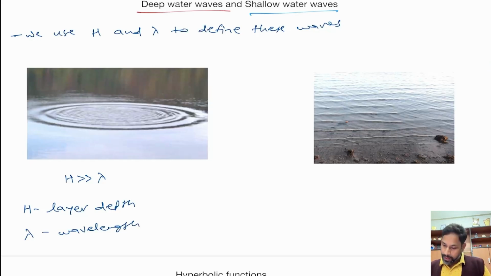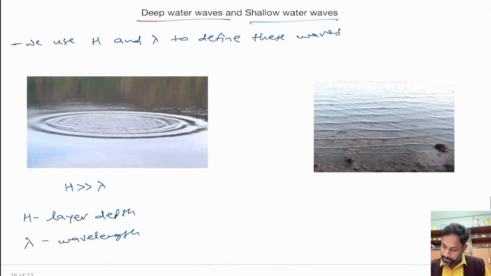Whereas in case of shallow water wave it is also defined based on h and lambda, and it is assumed that lambda is greater than 20 h.